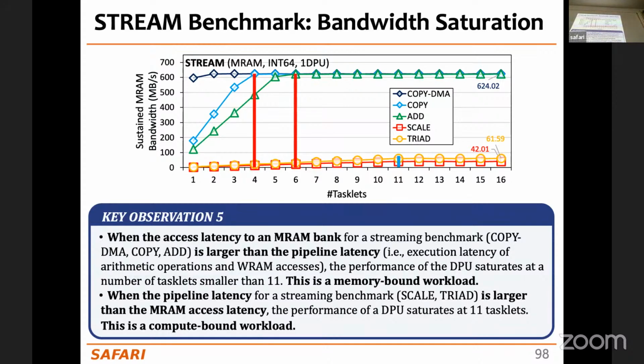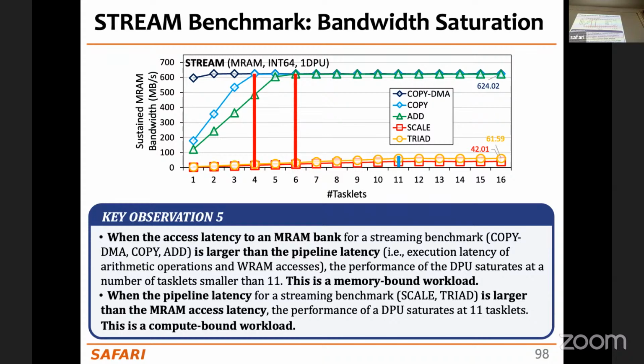In our measurements using the STREAM benchmark, we observe more than 600 megabytes per second for one individual DPU. That means that if you have a system with more than 2,000 or 2,500 DPUs, the overall aggregated bandwidth is around 2 terabytes per second. That's larger than even the most powerful GPUs that you can find right now in the market.